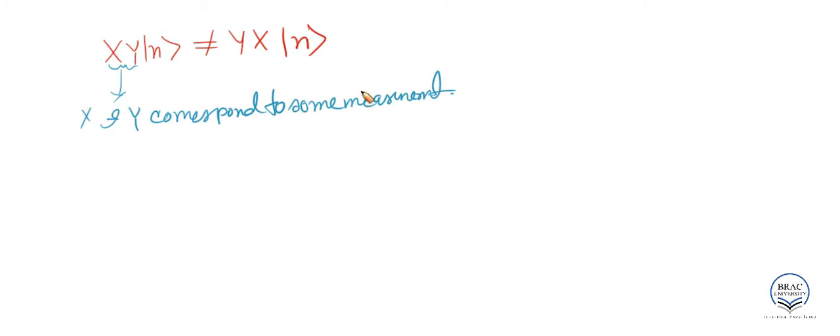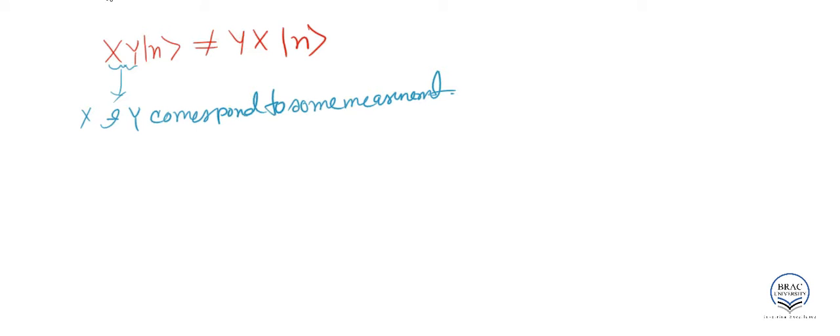If they don't commute, that means you cannot measure them simultaneously. We'll discuss these things in detail when we talk about Hermitian operators and their commutators. So for now, let's just keep this to a mathematical point of view.